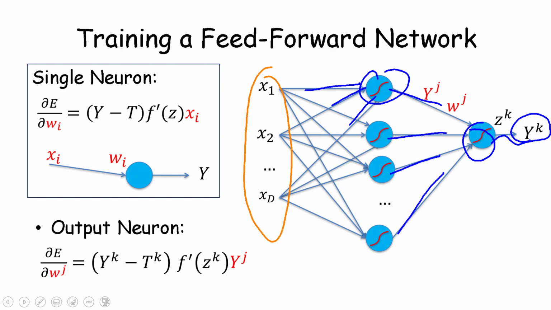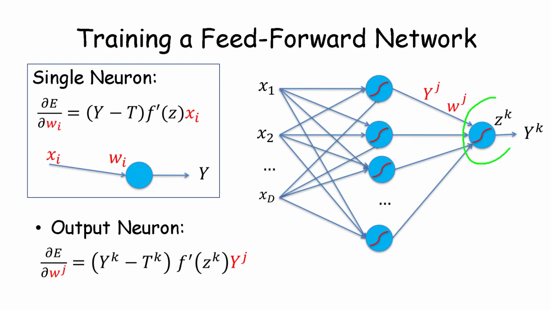Now we need to come up with an error gradient for each of the connections in the network so that we can update the weights using gradient descent. Training the neuron in the output layer is easy. It is just like training a single neuron. I have here the derivative of the error for a single neuron that we derived earlier.